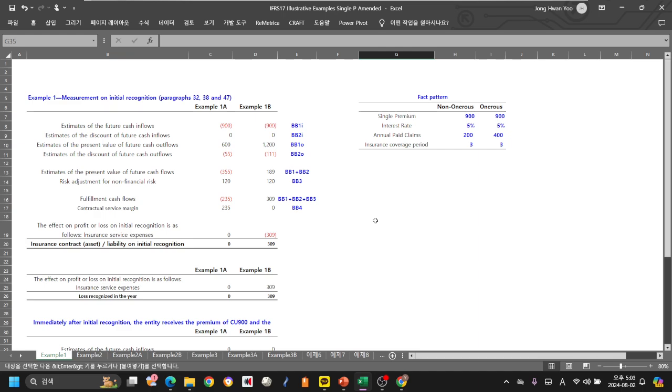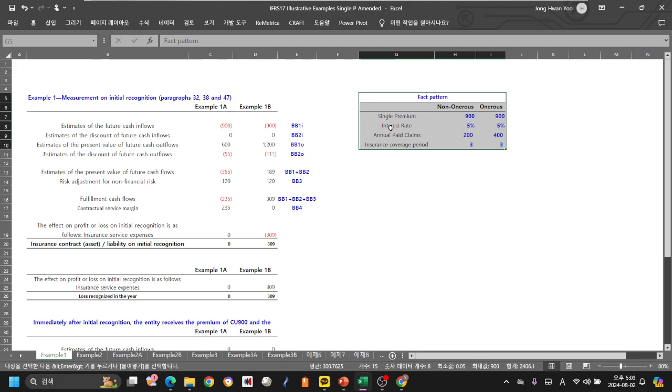First of all, let's start with the measurement at initial recognition. Here is what I have summarized as a fact pattern, and this is what the IASB used, instead of some of the assumptions.